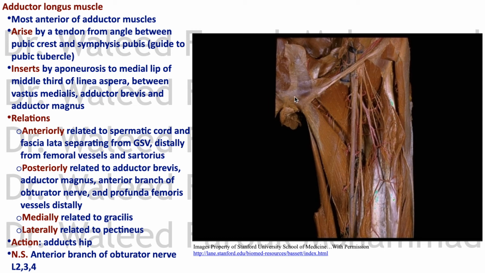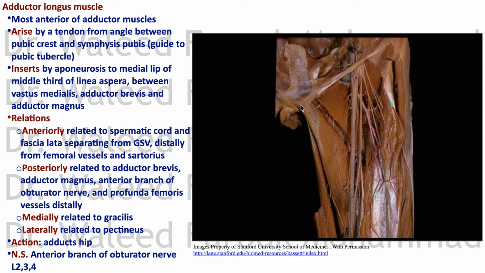For example, if you're examining the patient for hernia in the scrotum, you will find a guide to the pubic tubercle, which is the tendon of the adductor longus muscle that protrudes. If you abduct your thigh, this tendon will protrude medially, and you will feel it.